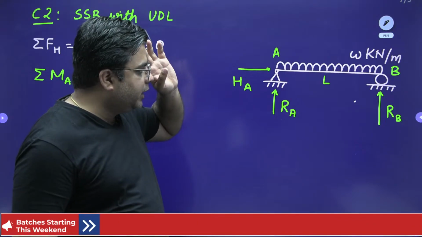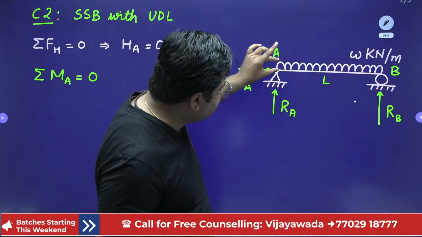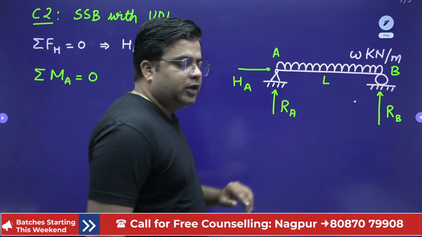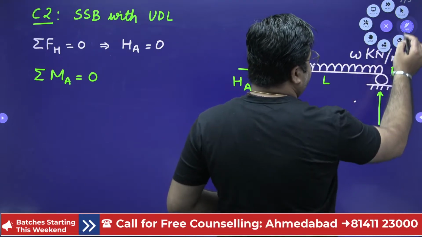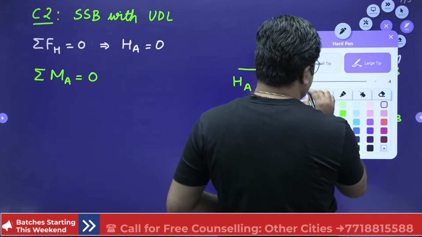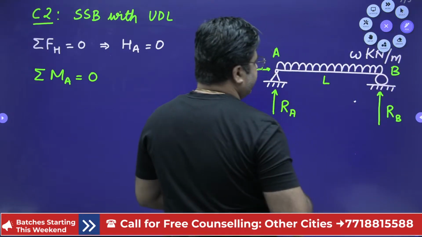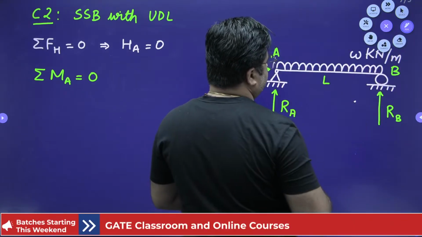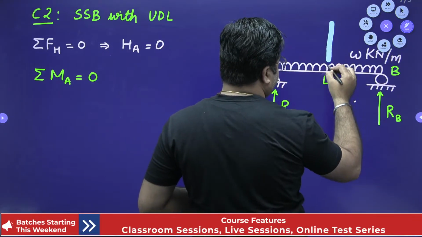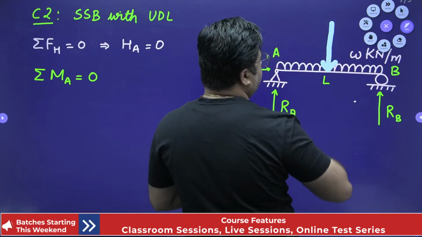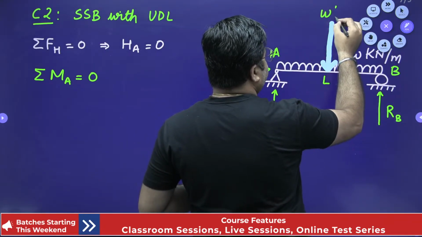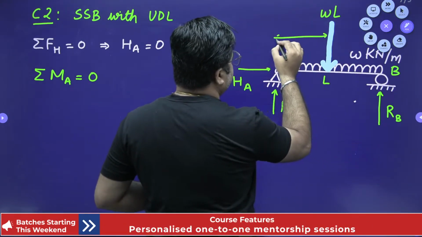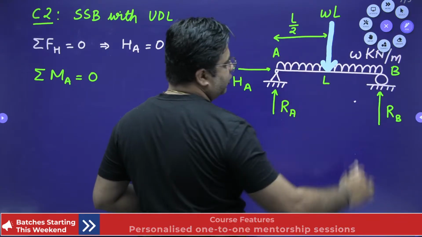This CG can be imagined as, first of all, imagine this as a rectangle. So the CG of this rectangle will be at the midpoint. So this total load of W into L will be acting at this midpoint, and this distance is L by 2. So the other half will also be L by 2.